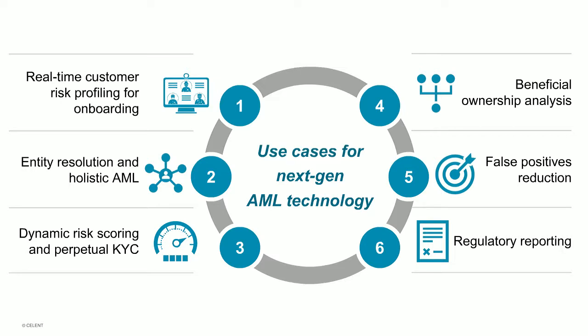False positives reduction, again, perhaps the biggest roadblock in AML compliance operations, is combated by advanced technology, I'd say, in basically two ways. One is the next generation analysis, let's call it AI, and other advanced analytics that can be more effective in actually uncovering suspicious patterns.